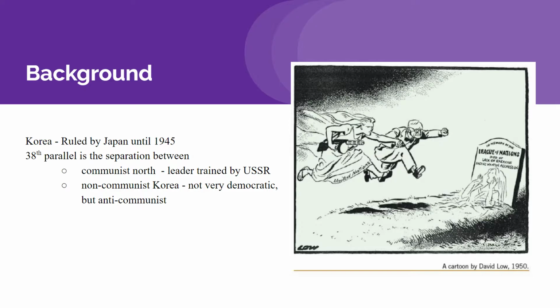And then in 1945 it was divided in half at the 38th parallel, so that's 38 degrees north latitude. The north of it was communist, and the south of it was anti-communist. The guy in charge was not very democratic, but he was definitely anti-communist.